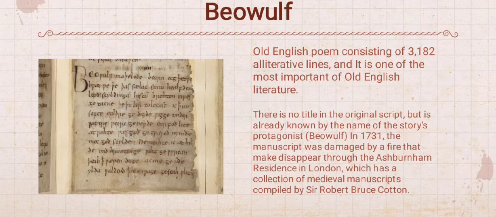In 1731, the manuscript was damaged by a fire at the Ashburnham residence in London, which held a collection of medieval manuscripts compiled by Sir Robert Bruce Cotton.